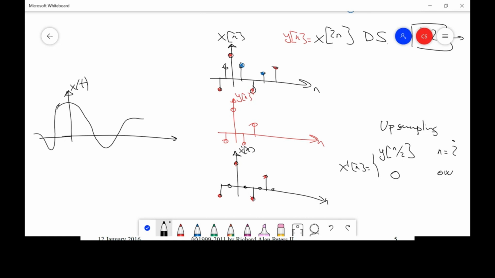And then my original x of n were these samples. Let me do it in green. So this will be x of n in green. So I have these samples of it. I have this one, this one, this one, and this one, this one.